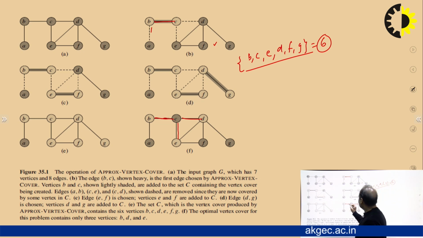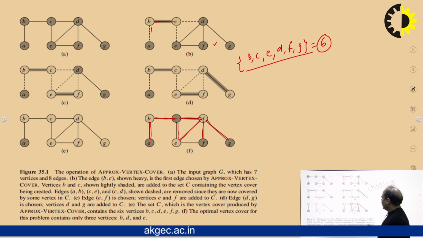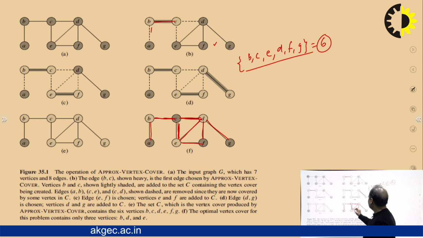B will take this, B will take this. D will take this, this, and this. And E will take this and this. So if you just take BDE, it will cover the entire graph.